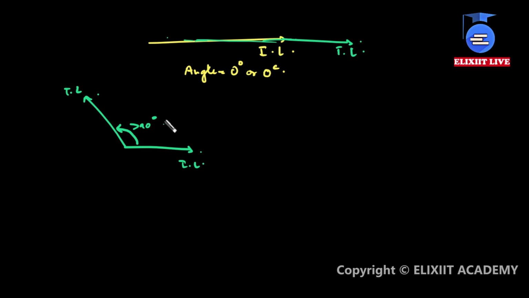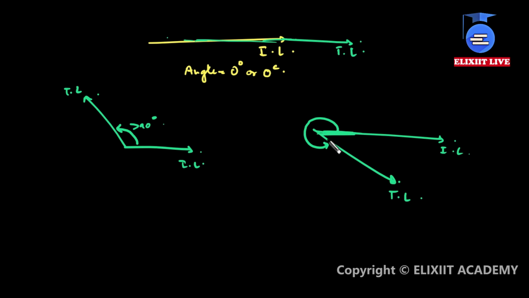Angles can be more than 180 degrees also. Suppose you consider this to be the initial line and this to be the terminal line. Basically, you are rotating the initial line in this manner, anti-clockwise, and taking the terminal line over here.